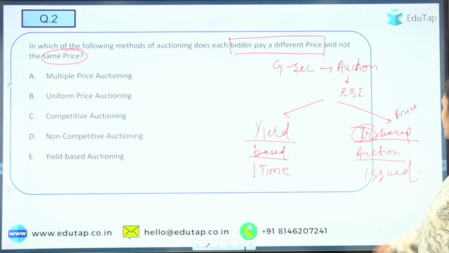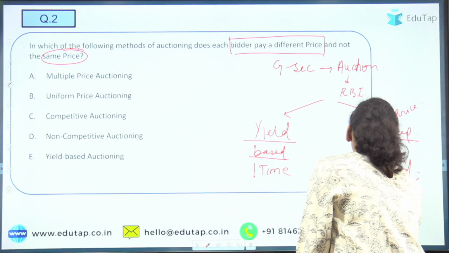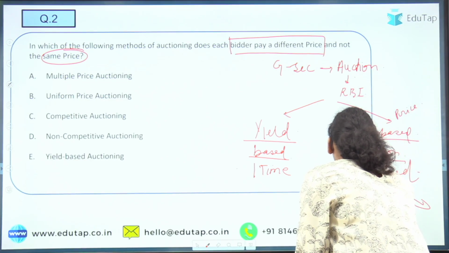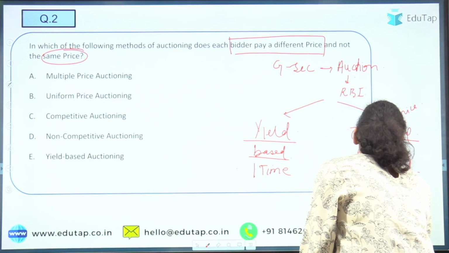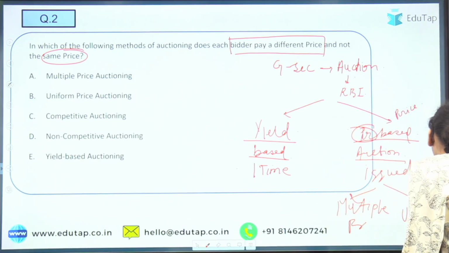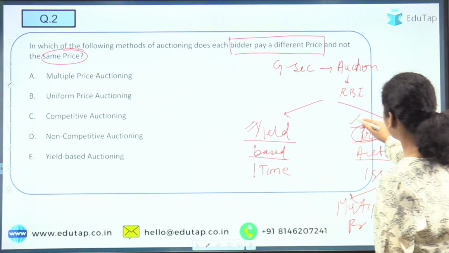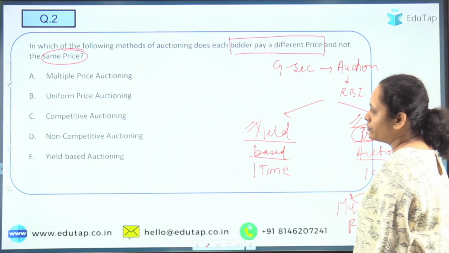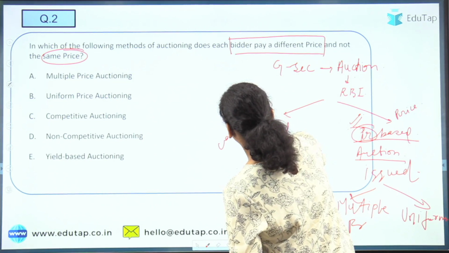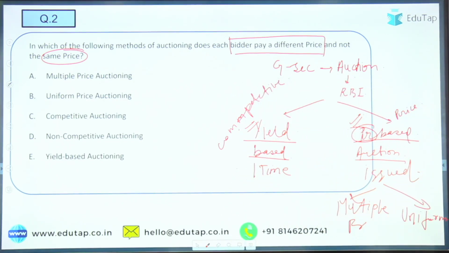The price based auctioning can further be classified; the process in which this auctioning is conducted can be multiple price and uniform price. Please keep in mind that yield based auctioning and price based auctioning are known as competitive auctioning methods.